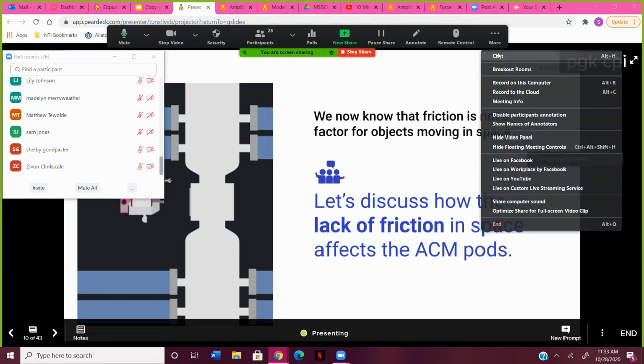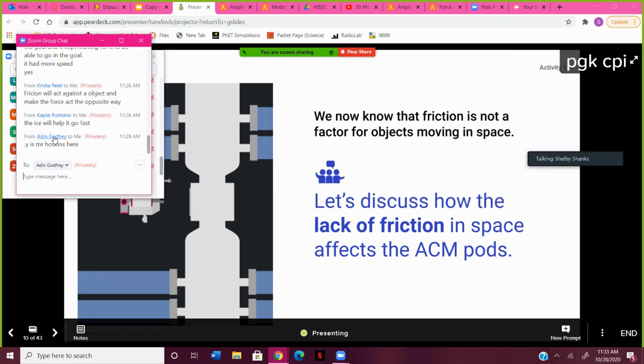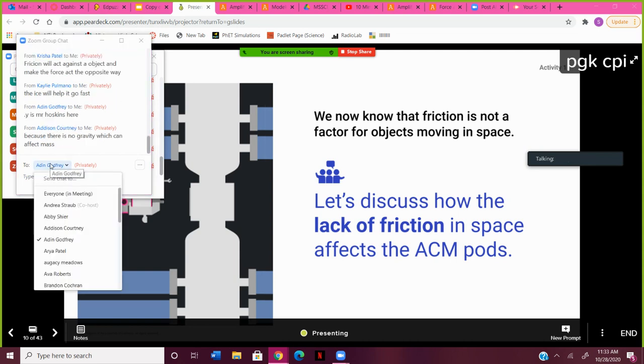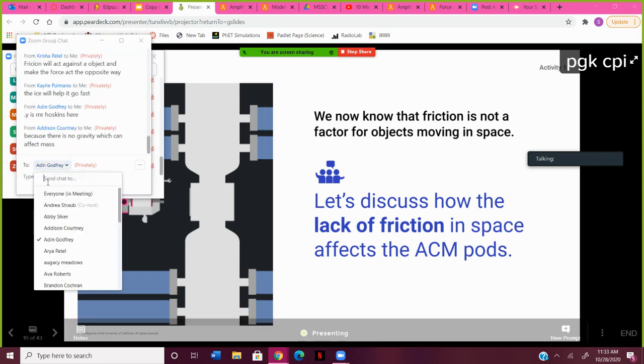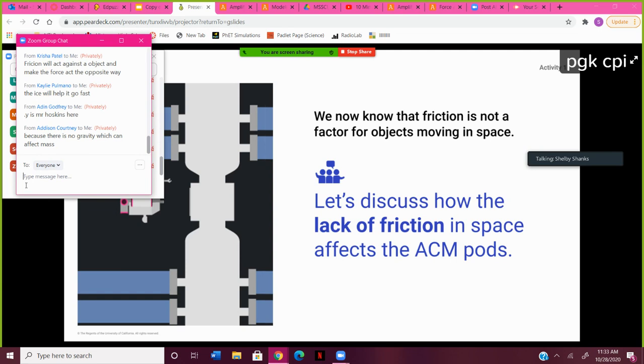You can unmute yourself. Why do you guys think there's no matter in space? Okay. Addison sent me a message and she said because there's no gravity, which can affect mass. Perfect. So Shelby also said there's no gravity.